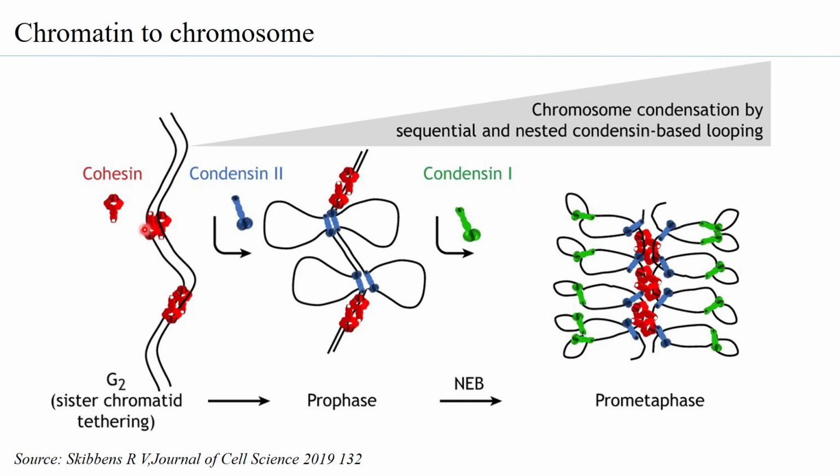During the entire M phase, the DNA is highly condensed. That is called the metaphase scaffold chromosome. You can see over here how a looped DNA is further looped to form a more condensed structure. And this looping is carried out by a set of proteins called condensins.